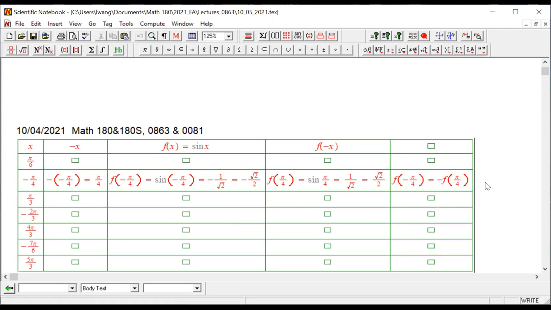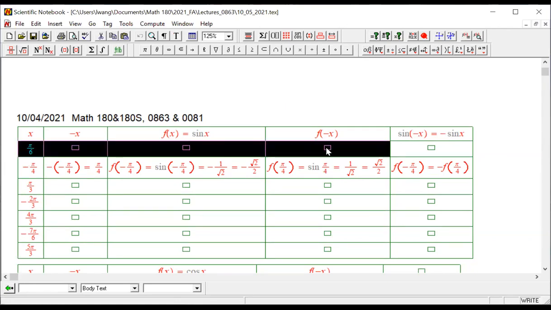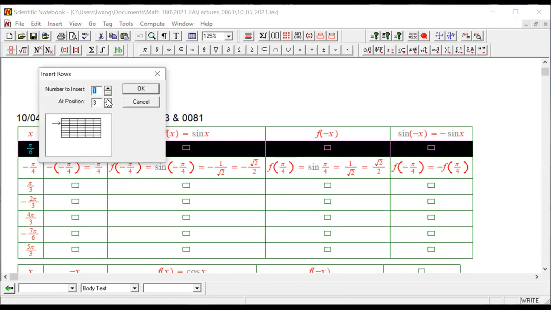We just talk about this general form, all right? So sine of negative x is equal to negative sine x, with understanding of all the meanings we talked about yesterday.